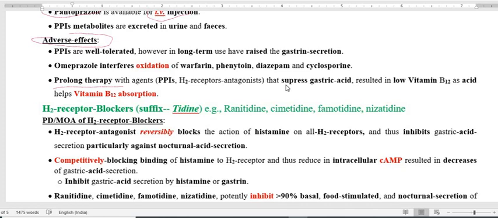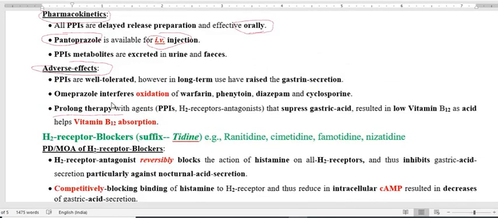So vitamin B12 absorption will be less when we use a PPI for long-term therapy, because the acid environment in the stomach is low. Therefore, it impedes vitamin B12 absorption. So this is very, very important. This is all about the PPI.